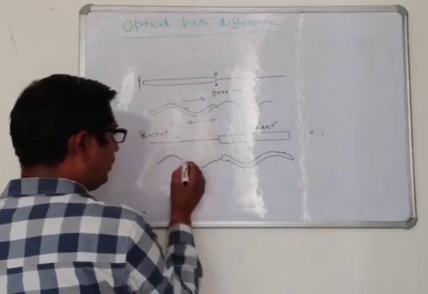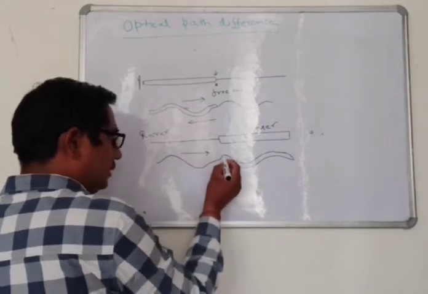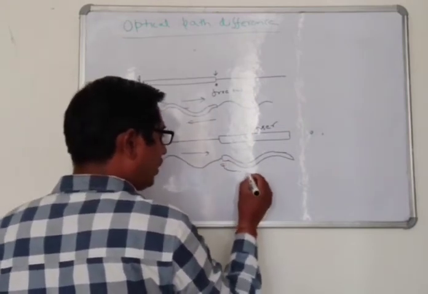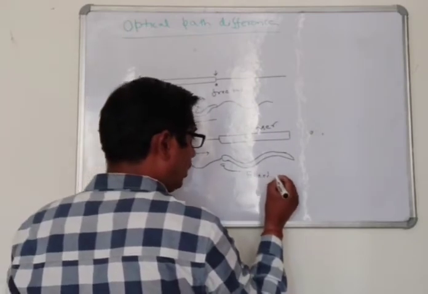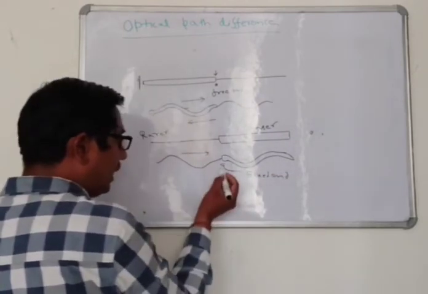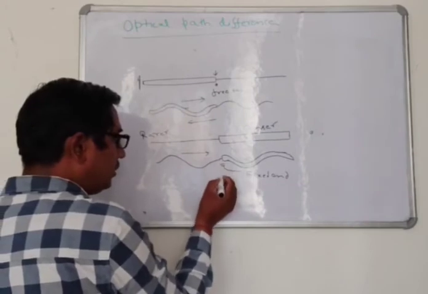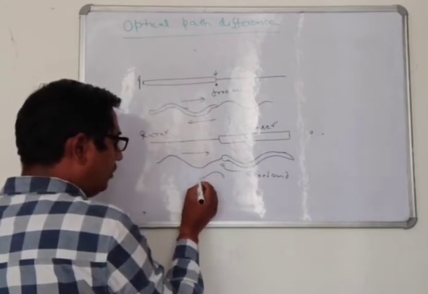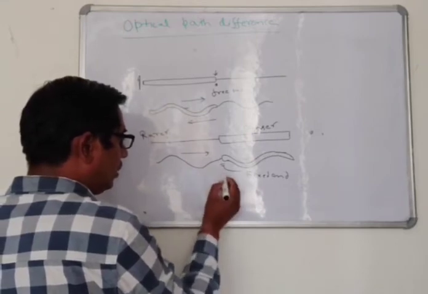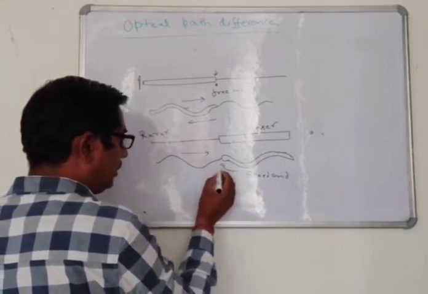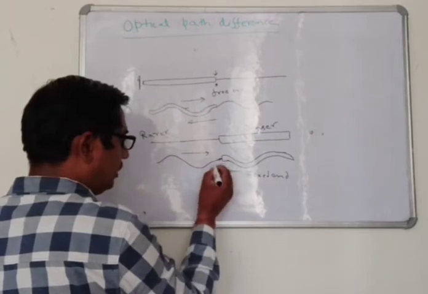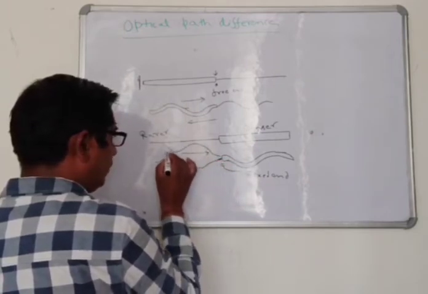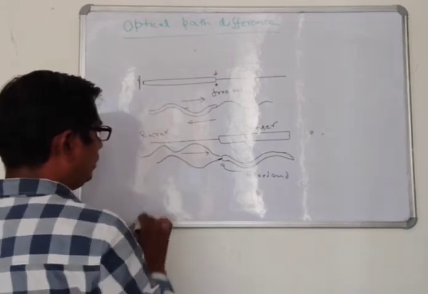But here you will see that the junction behaves as a fixed end, so the reflected wave comes out of phase. Here like that, and the wave is coming out of phase.